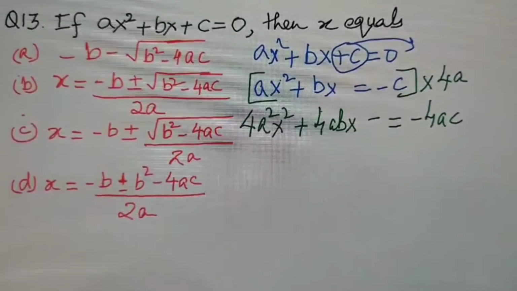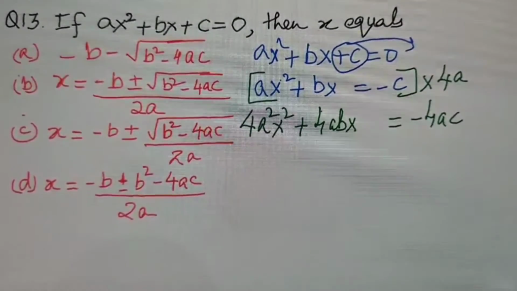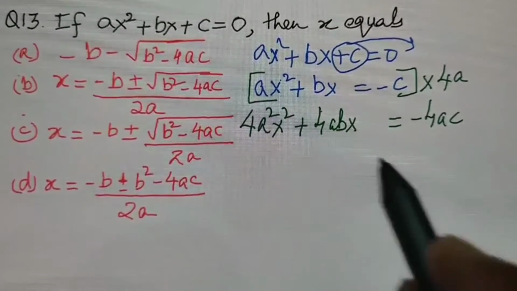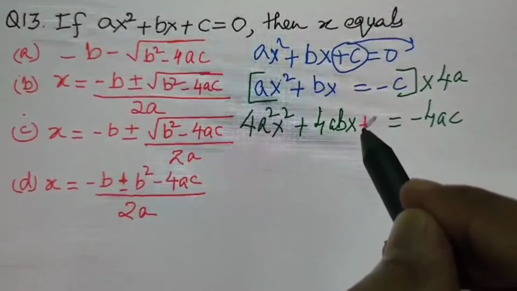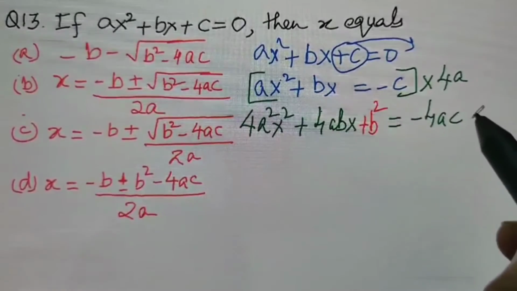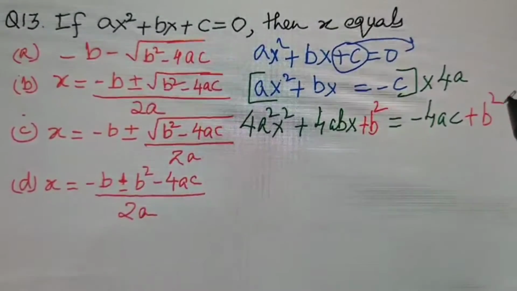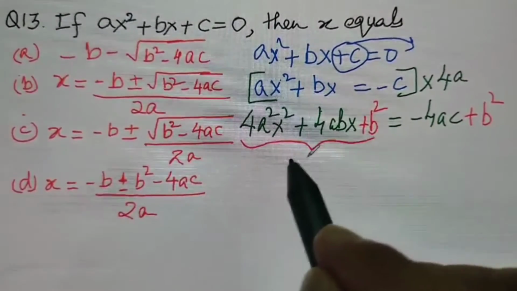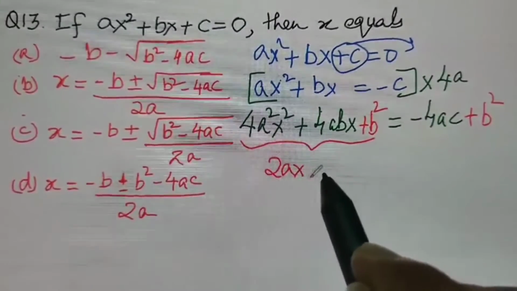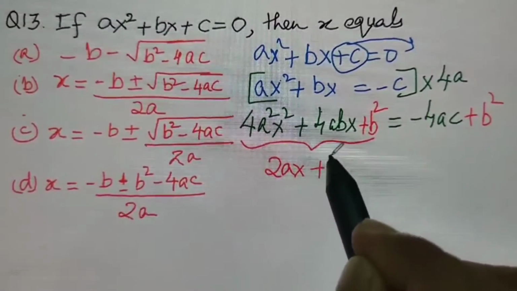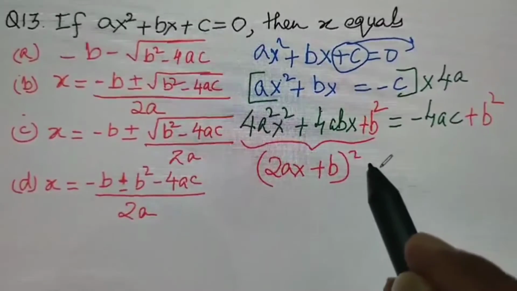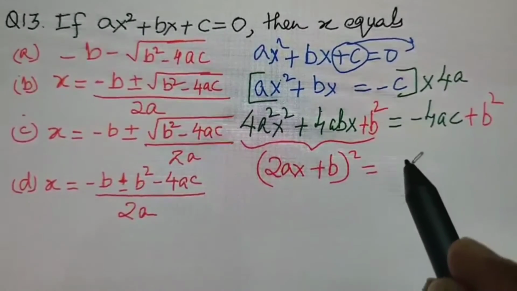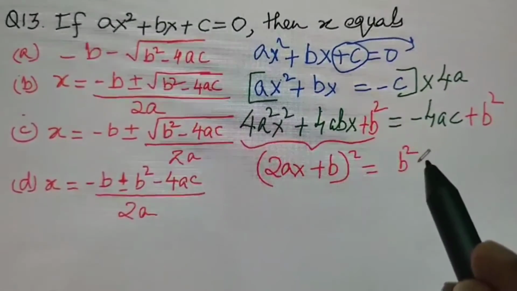Now let us see the next step. In the next step, what we are going to do is we are going to add plus b square to both the sides. So now this can be written as 2ax plus b whole square, and this can be rearranged and written as b square minus 4ac.